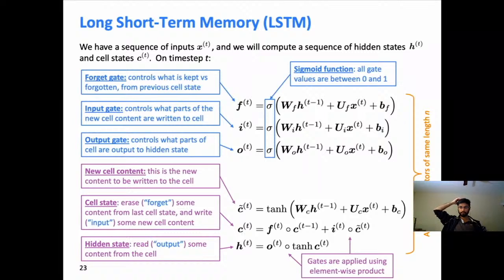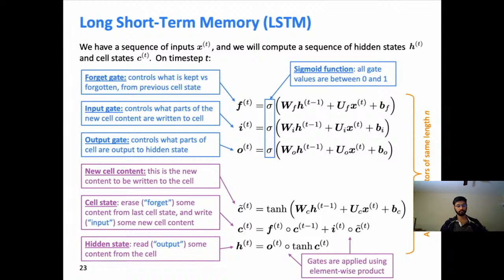So maybe it's learning that in this particular position in the cell, I learn information about this particular semantic thing, and then in this situation, I want to use that or not use that, forget it or keep it. But yeah, I haven't entirely convinced myself why you don't want to look at the contents of the cell itself in order to decide. I suppose another thing to notice is that HT-1 was read from CT-1, so I suppose there is some information there, but not necessarily all of the information. Yeah, I'm not sure. That's another thing I need to look up, I guess.